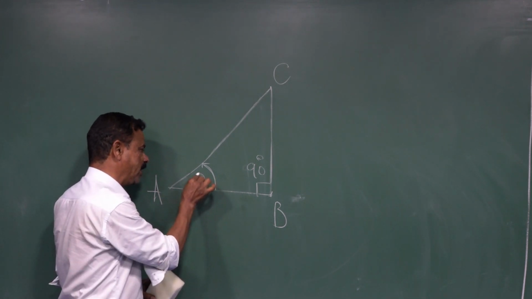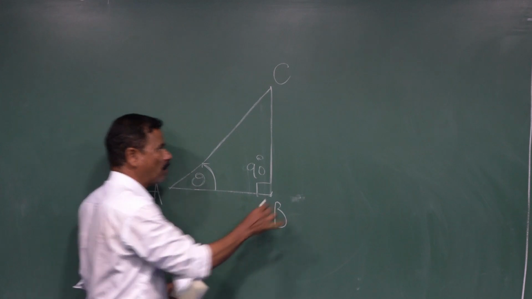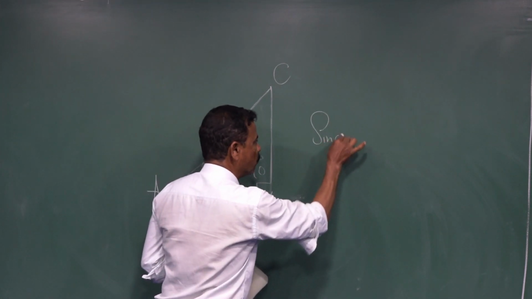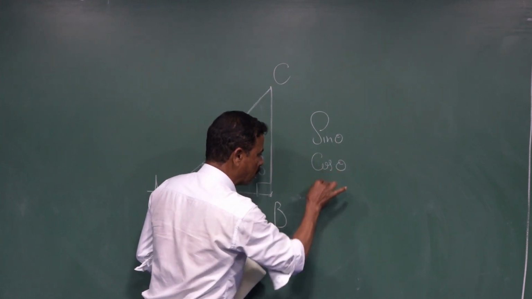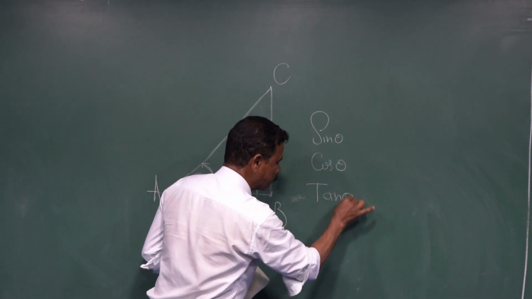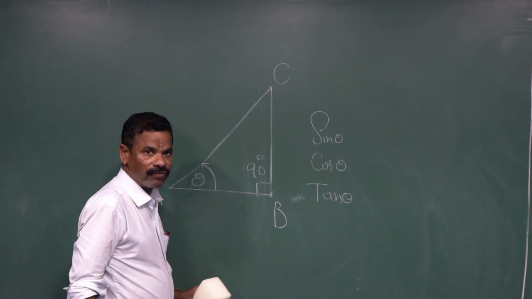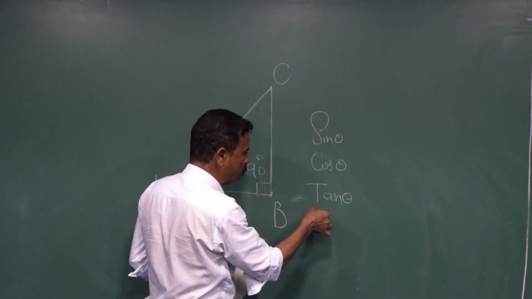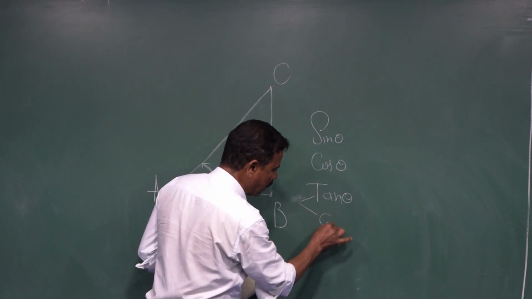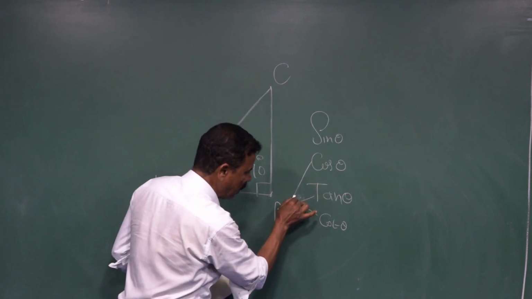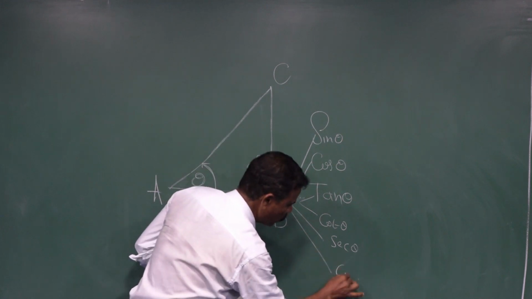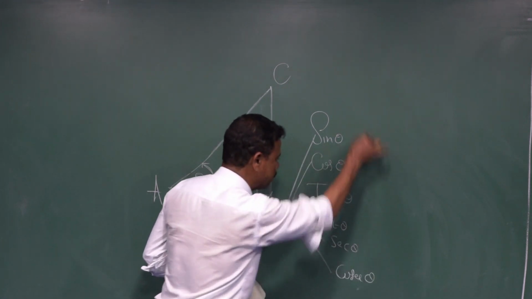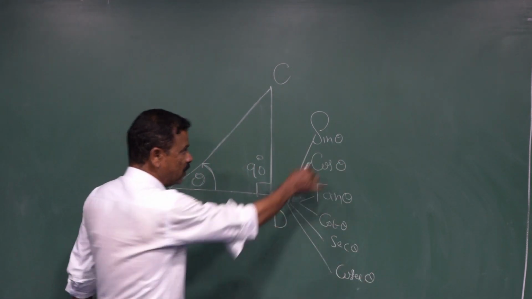Sin theta, first ratio. After that cos theta, after that tan theta. The first 3 are mainly enough. The opposites are: the opposite of tan theta is cot theta, the opposite of cos theta is sec theta, the opposite of sin theta is cosec theta. These are the 6 ratios.